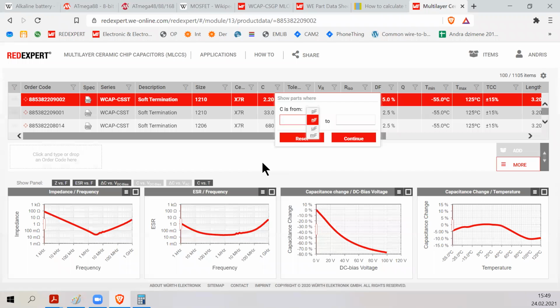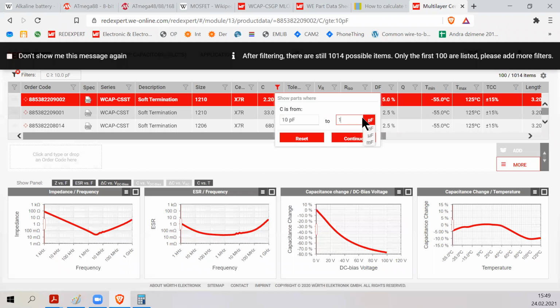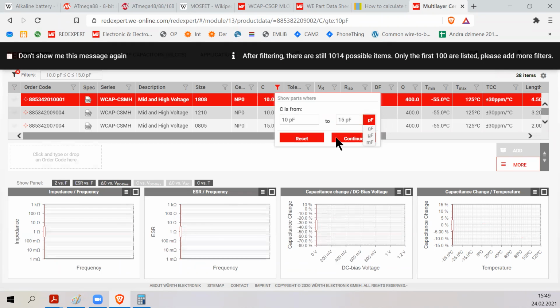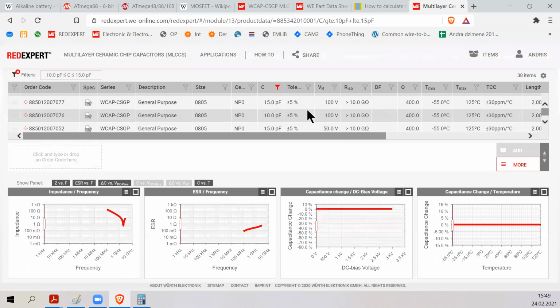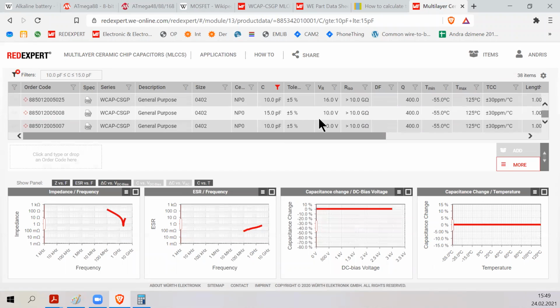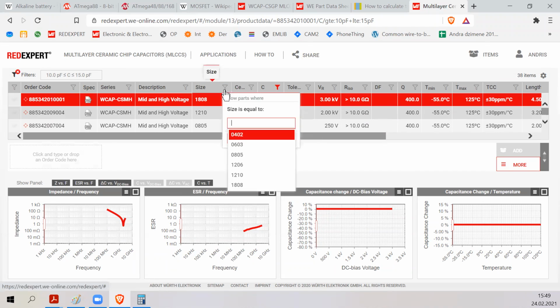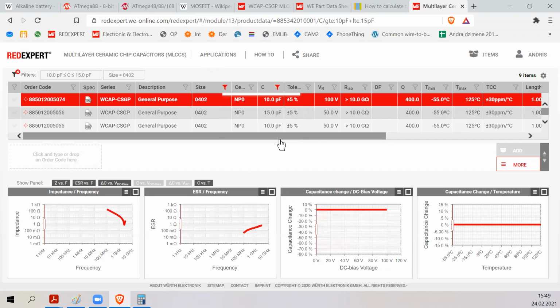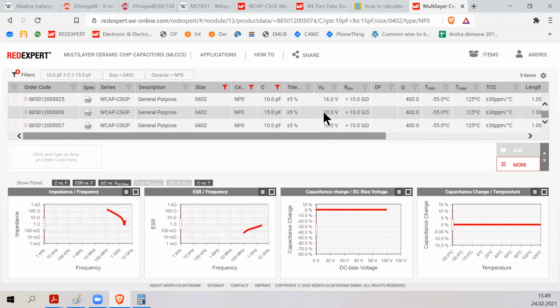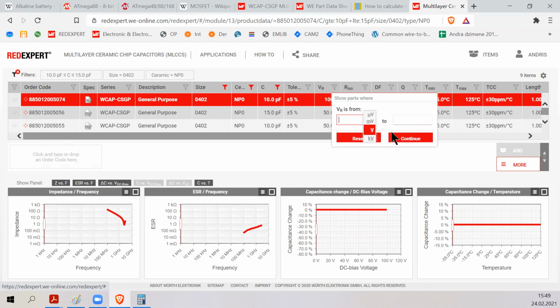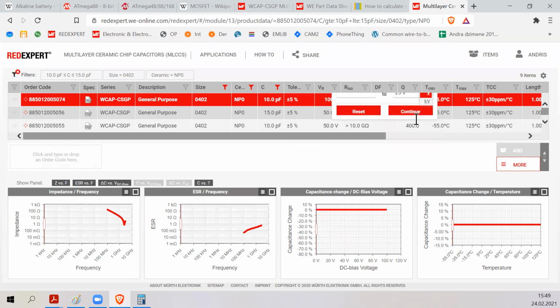I select that I need capacitance from 10 picofarad to 15 picofarad, and it will show me the available products. And here I can select that I want the smallest size of 0402. I don't need big capacitors there physically. I can also select that I want this NP0 material, and I can select the voltage rating. For example, I don't need bigger than 25 volts.